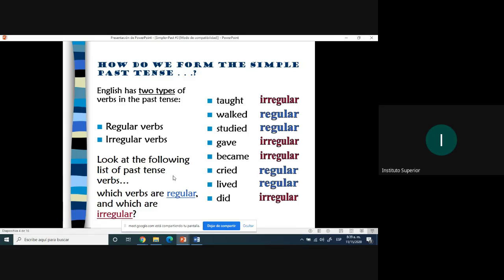Okay, guys, moving forward, and let me tell you something. The only way you can know all these verbs is just by practicing. Memorizing, yes, you have to memorize somehow how the word is spelled and pronounced in the different times, but it will be easier for you to learn them in context, not to memorize them.